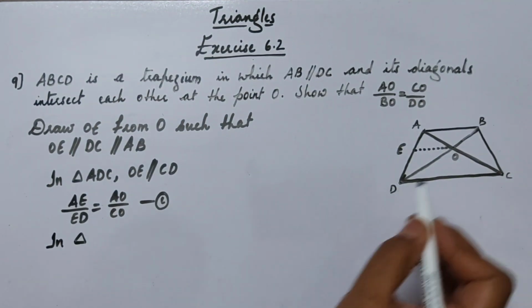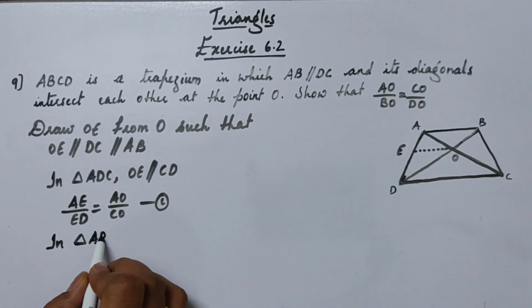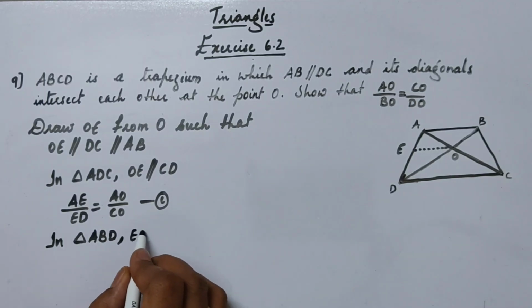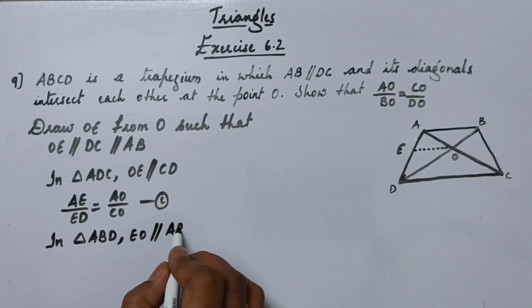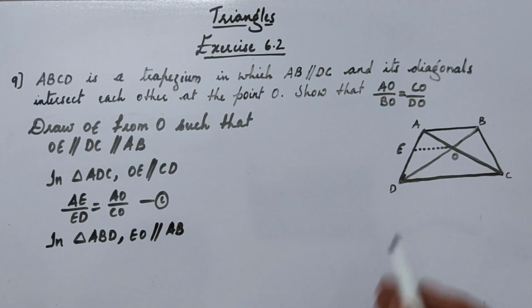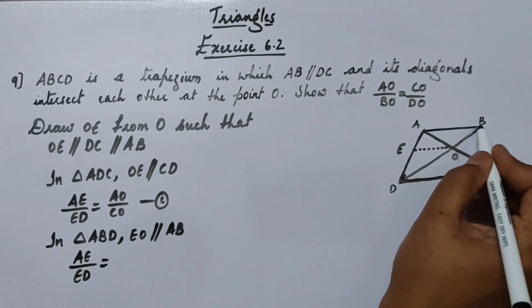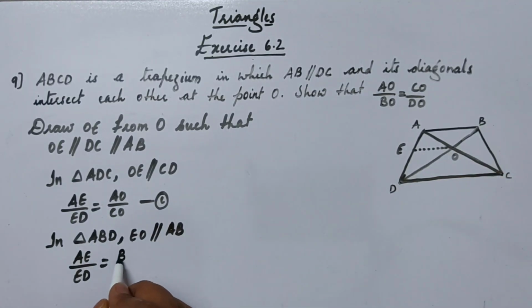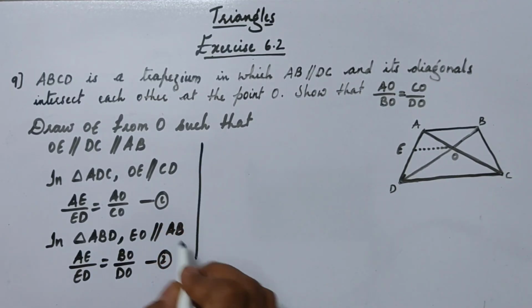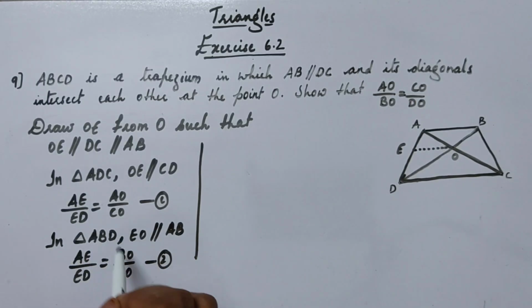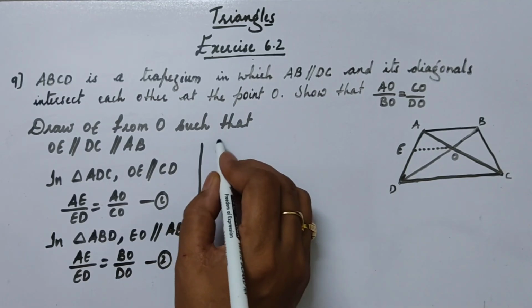In triangle ABD, EO is parallel to the base AB. So when it is parallel, I can say that AE by ED equals BO by DO. This is 2. From 1 and 2, you can observe that both the LHS are equal, then obviously the RHS are also equal, right?